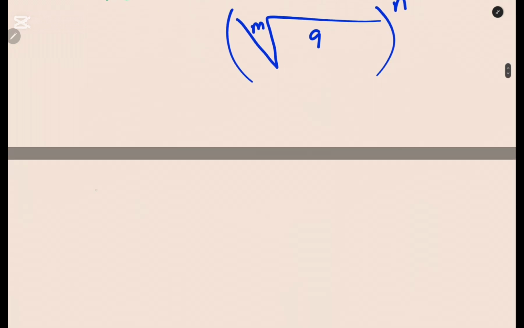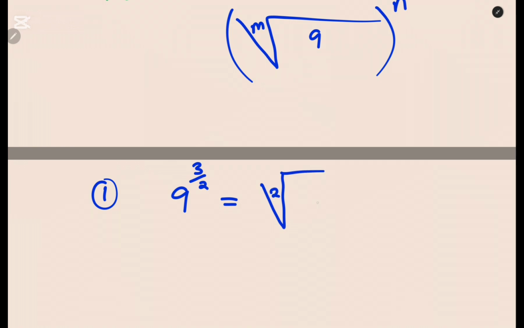Let us look at an example. If you have, let's say, 9 to the power 3 over 2, how can we express this one? It is going to be like this: the root of 9, then of course 3 as a power. Even if we don't put a 2 here, this just means the square root of 9.